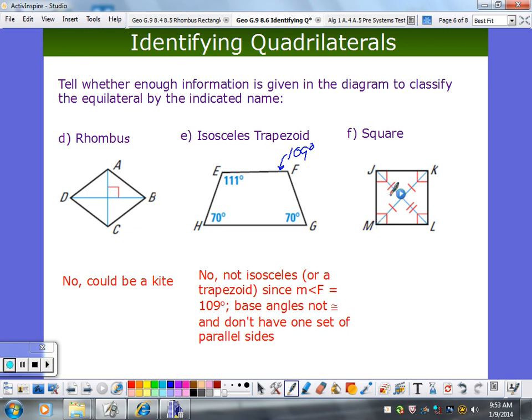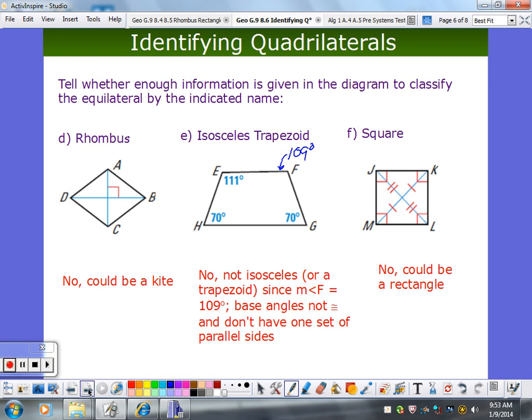So no, I said it could be a rectangle, and it goes along with what both of you said: I don't know enough about the sides, and also what's going on with these diagonals. So I don't know.